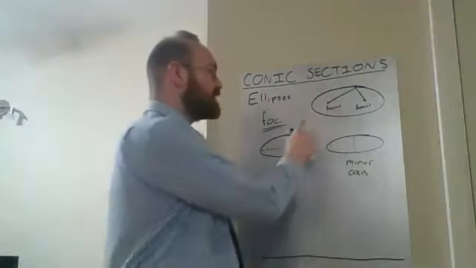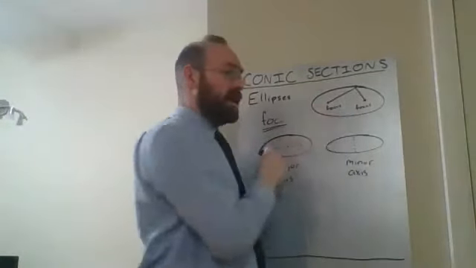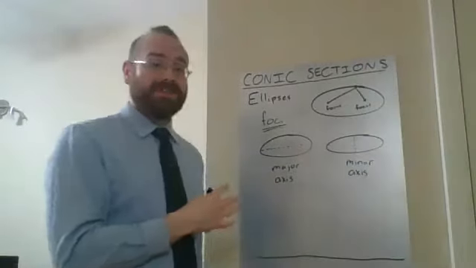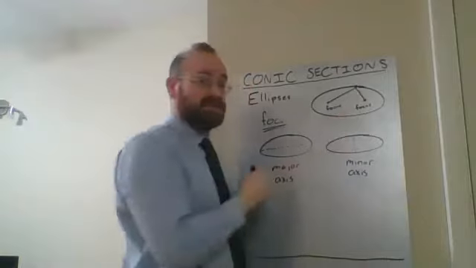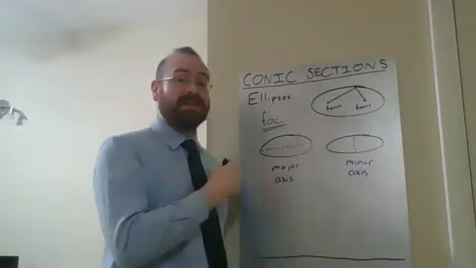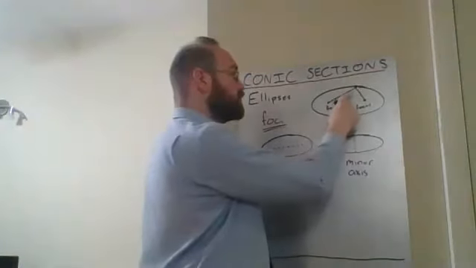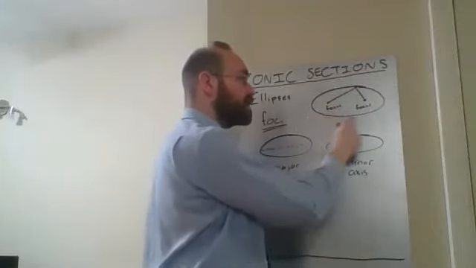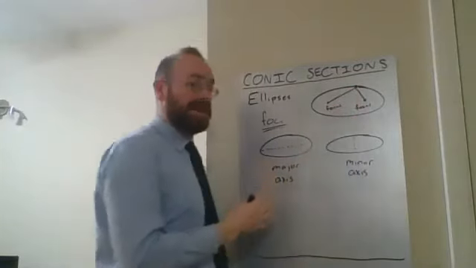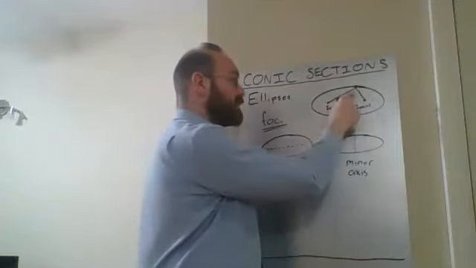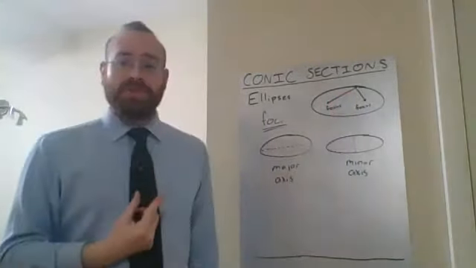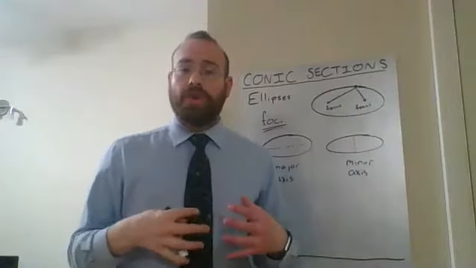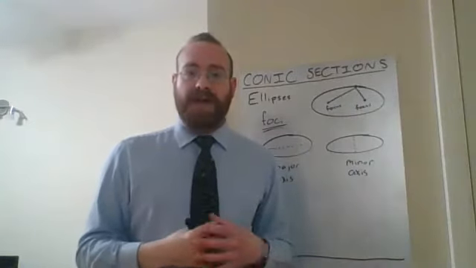So the ellipse is the set of all points, so this graph, the sum of whose distances to two distinct fixed points, each of which is called a focus, is always constant. So no matter what point along this shape I pick, if I draw a line to the first focus and then the second focus, and then I add those two distances together, it's always the same number for that ellipse.